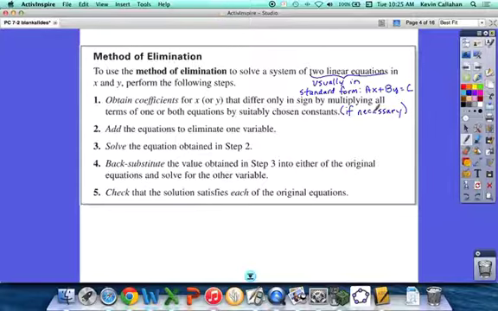So like I said, in the last one, we didn't do it. We definitely then went to step 2 on the last one. We added the equations to eliminate one of the variables, right? And we solved whatever that result was, right? And then we back substituted into one of the original equations. And the check, we didn't check, but it's always a good idea.